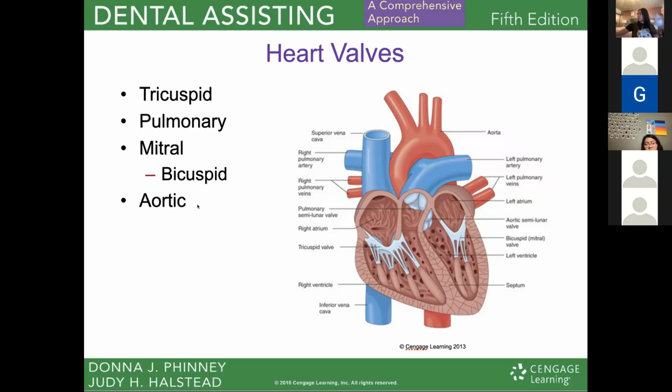Okay, our aortic valve, this is our aorta. This is the main artery that goes into the heart, so it goes out into the rest of the body.